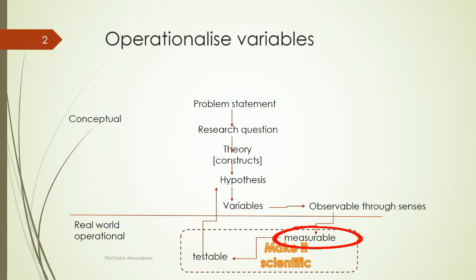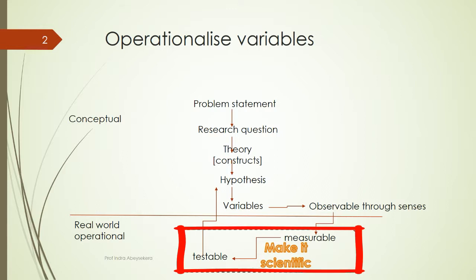So for the observable variables, we identify an attribute that we can measure in each variable. It's that measuring that makes it scientific. Because of the measuring, we can test the hypothesis. So it's the measuring and the testing that makes the research endeavor scientific.